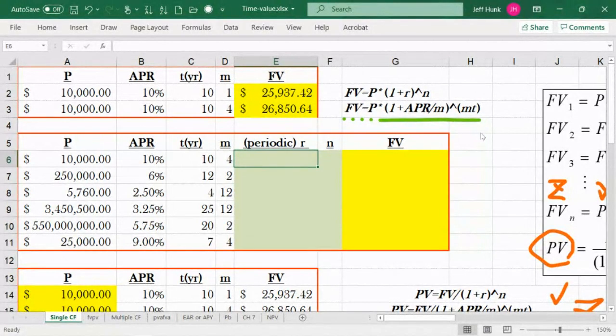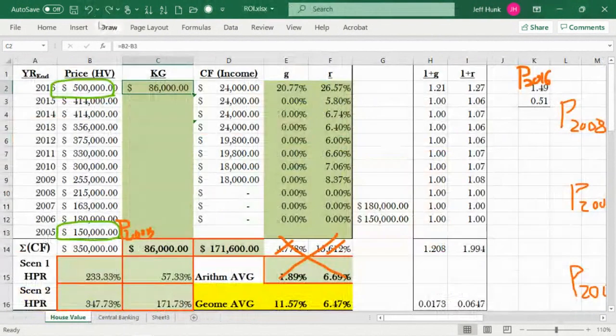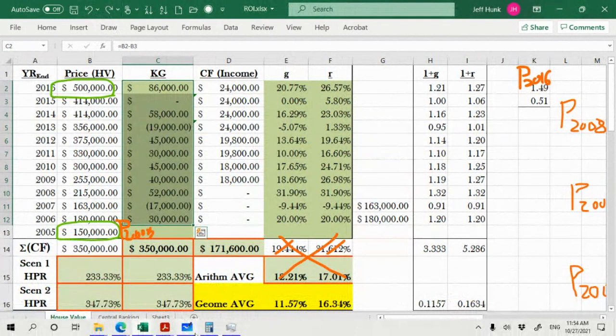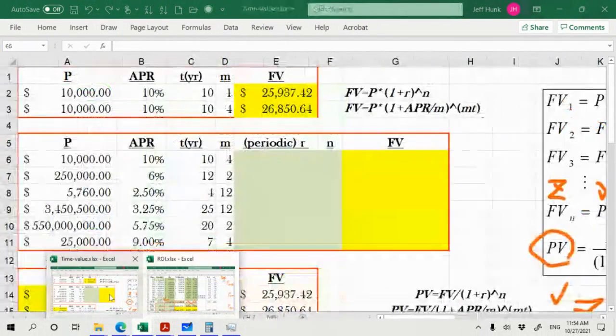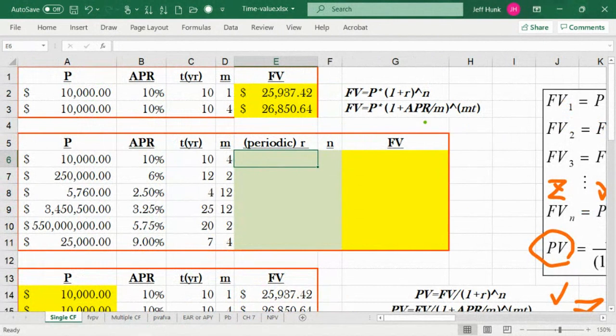But then, dividing APR by M, if you divide APR by M, what is that called? That's called the periodic rate. It's called the periodic rate.